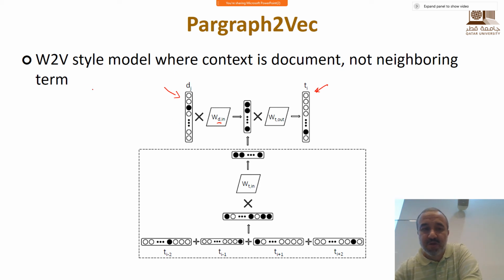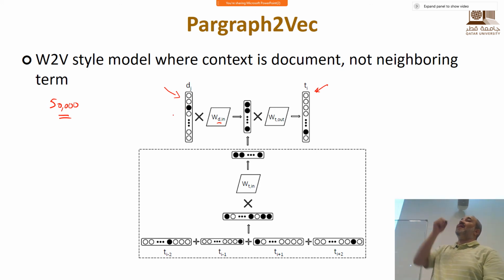So if I have in the collection 50,000 documents, and I'm talking about here document number 100, this will be a vector of 50,000 dimensions, but only one at position 100. It's one hot encoding in the local space of documents.